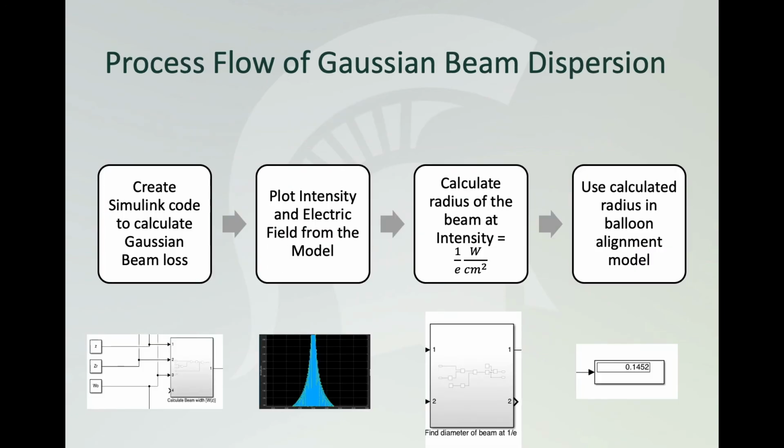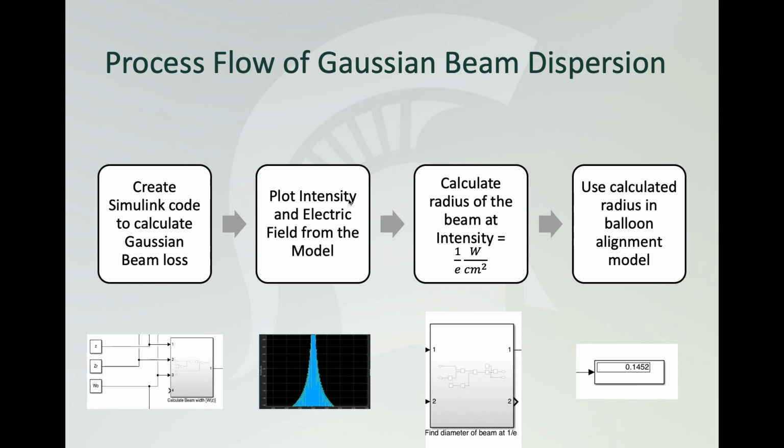So now diving into how I accomplished the next goal of Gaussian beam dispersion. Originally when I took over this project, the alignment of the beams was just a point-to-point model, so there was no accounting for the losses associated with a Gaussian beam. The first step was to create Simulink code to calculate the actual Gaussian beam itself.